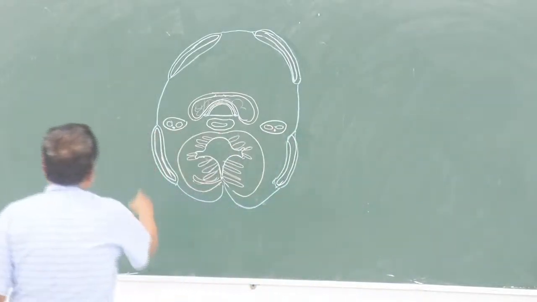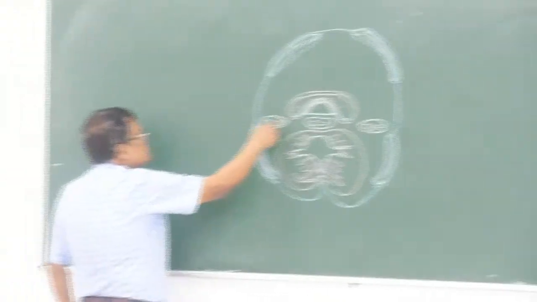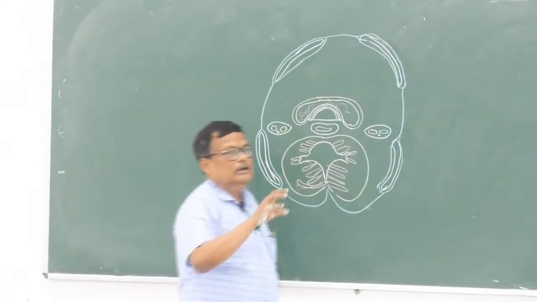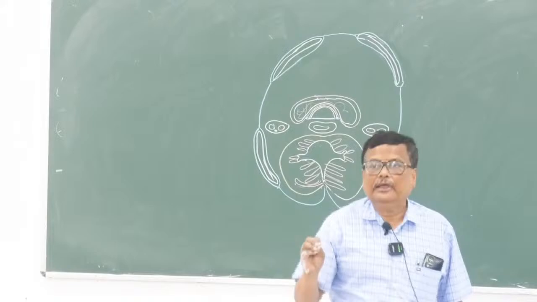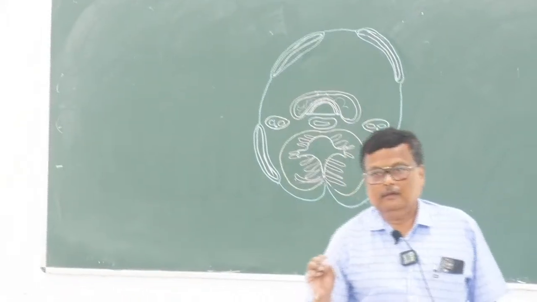This condensation of the deep fascia around the artery, vein and vagus nerve, mainly.